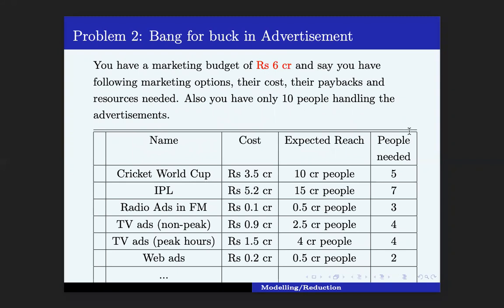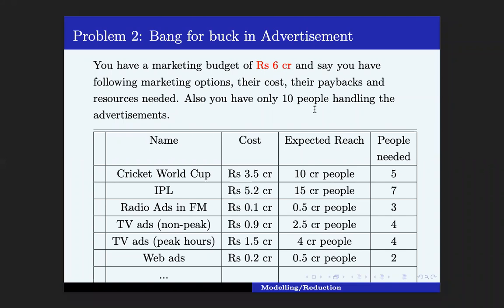The next problem is again something that is used a lot. It's called a bang for buck advertisement. Your company has given you 6 crore rupees to spend on advertisement, and your job is to reach as many people as you can. You can spend it on advertisement during the Cricket World Cup, and it will cost you quite a lot, and you have an expected number of people you can reach.